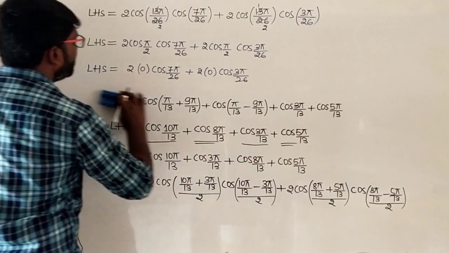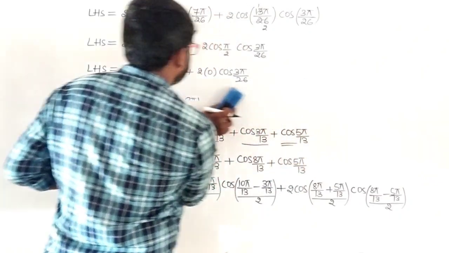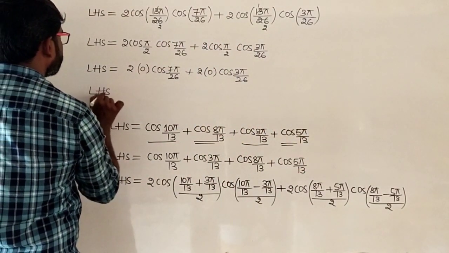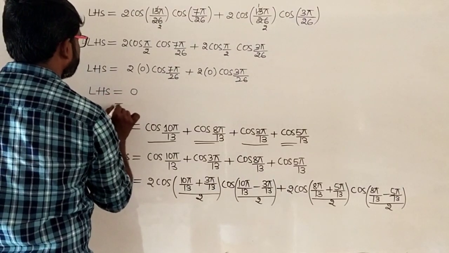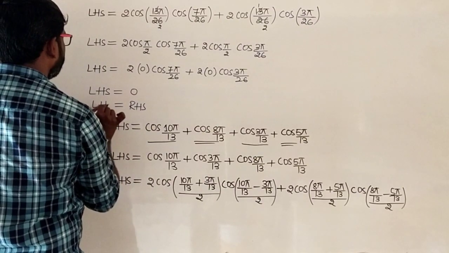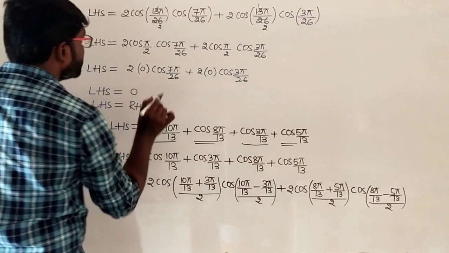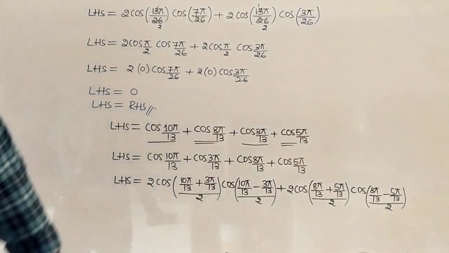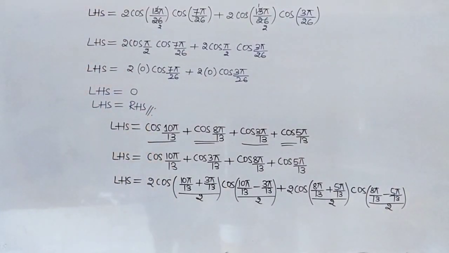So that will be the required RHS. So here we get LHS which is equals to 0. This is the required RHS. So with this we have completed the 5th miscellaneous problem. So pause the video to note it down.